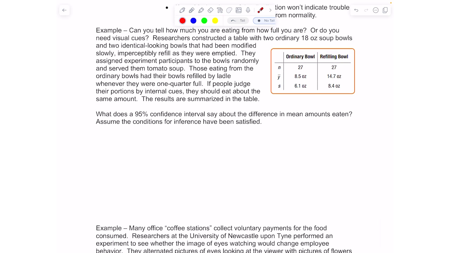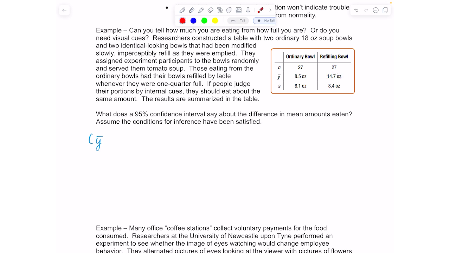Okay, so we want to calculate a 95% confidence interval. And anytime you want to calculate a confidence interval, just remember your generic formula, which is your point estimate. So in this case, it's going to be my y bar, let's say O for ordinary. And then actually let's do refilled minus ordinary because I want to keep it positive.